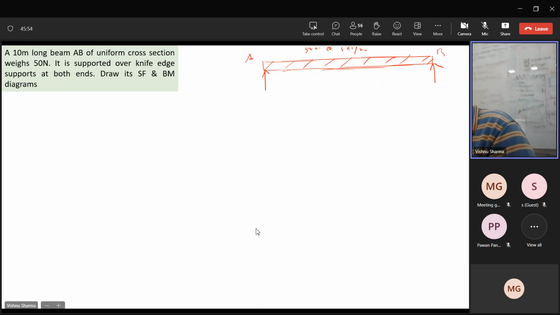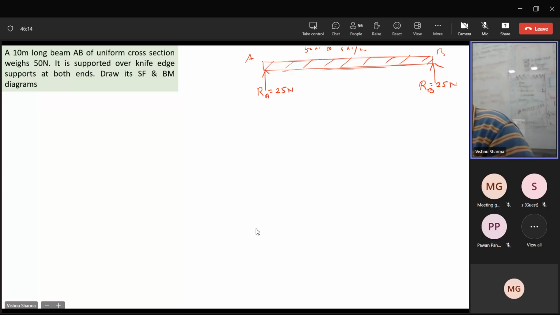Okay. We had calculated the reactions yesterday and they both came 25 newtons. Do you remember, guys? Yes or no? In such a simple case, you don't have to calculate also. By looking at it, you know it is symmetrical. So 25 newtons.